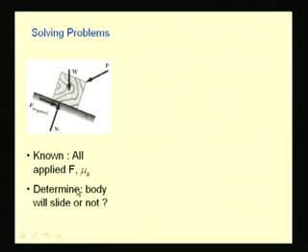There could be a class of problems where we know all the forces as well as the coefficient of friction that exists between the various surfaces, and we are interested to find whether the body will move or not.